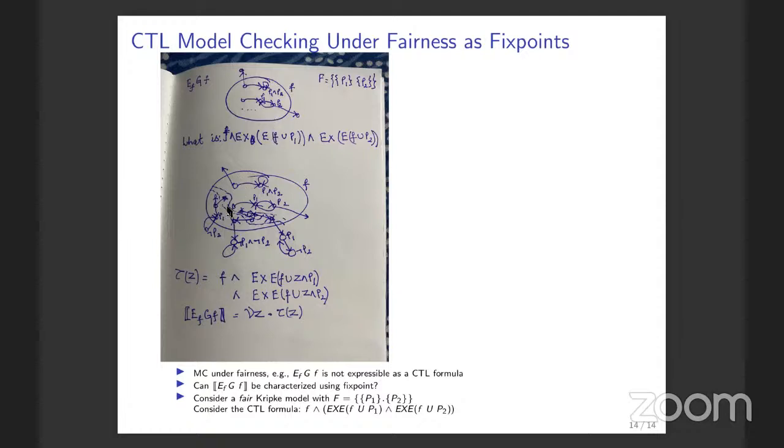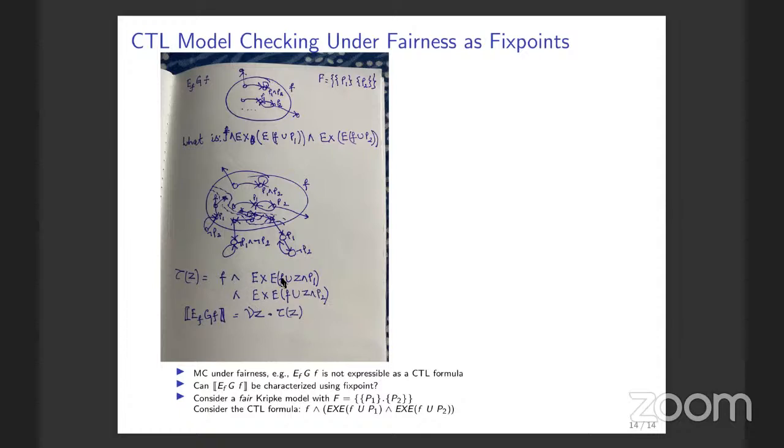Okay, so starting with this, this kind of E that you had in here, you can use that as a starting point, and to get your tau to do it. So the tau Z should be such that every state in that given Z should be an F state, and every state on that is such that in the next state E[F until Z and P1] holds good.